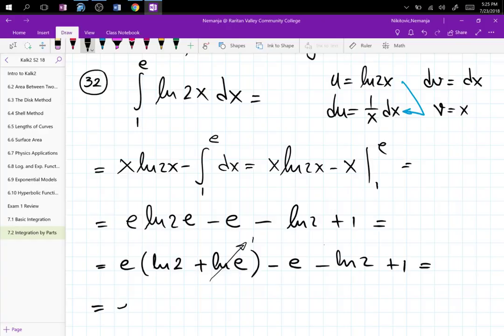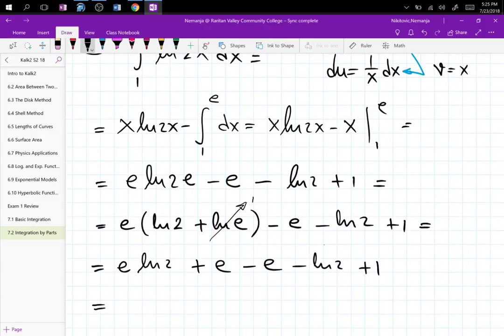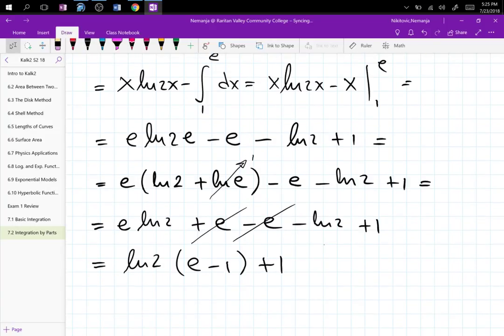So I have e ln 2 plus e minus ln 2 plus 1. These two drop. Factor out ln 2: ln 2 times e minus 1, plus 1. Now this is the exact answer. You can go and get your decimals if you are interested in decimals.